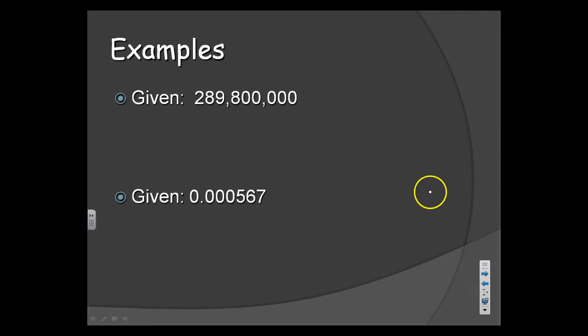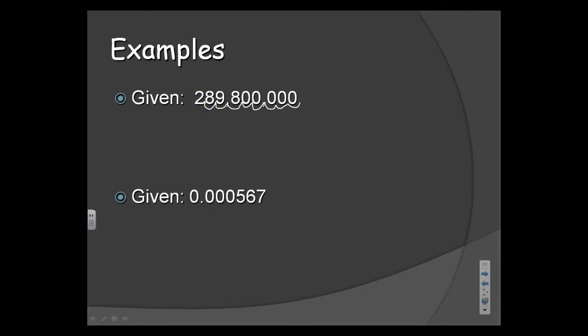So here we have a few examples. This is a very large number. If a decimal is not printed, you know that it is at the end of the number. And now we're just going to move the decimal until we get a number between 1 and 10. So 1, 2, 3, 4, 5, 6, 7, 8.